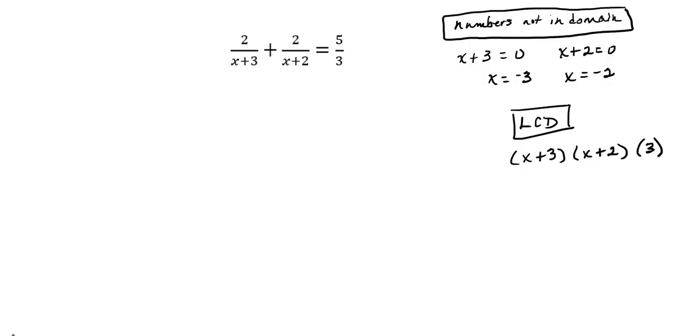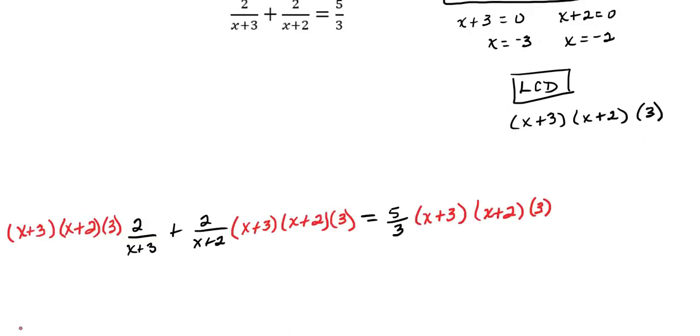So all three terms in my original problem are going to get multiplied by that least common denominator. So for my next step, I'm going to put all of the least common denominators over 1. Now I can easily see what's in the numerators and what's in the denominators, so I can see what's going to cancel.